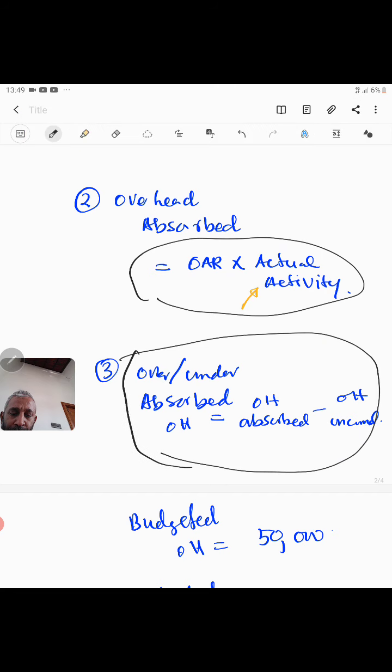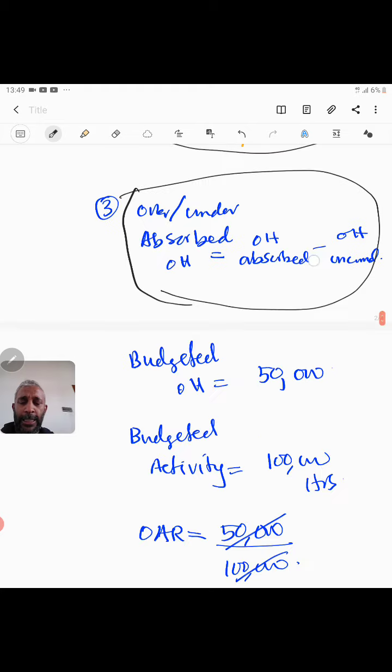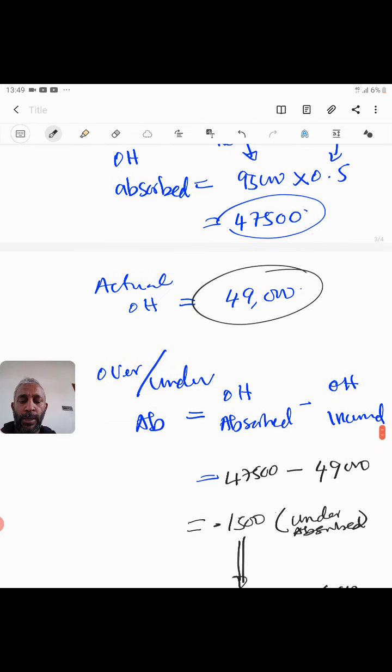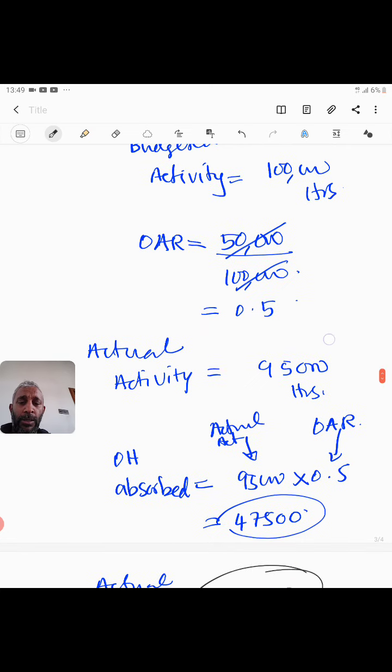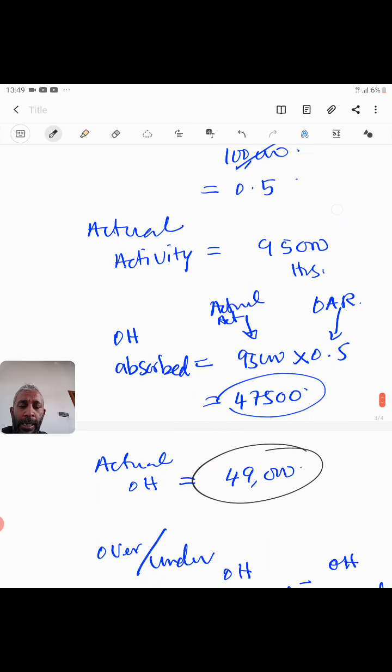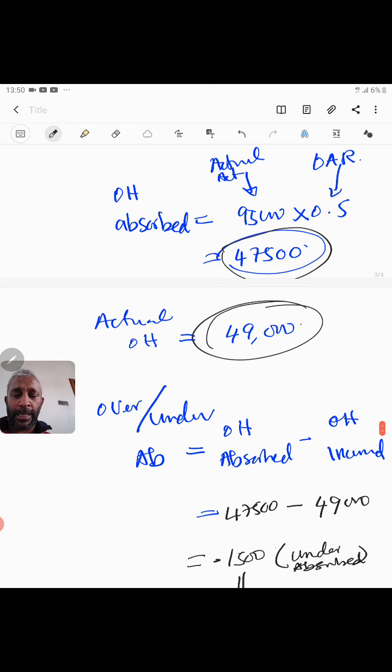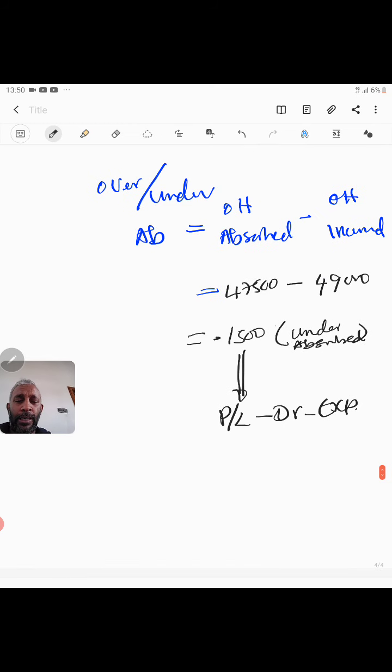So you would calculate these steps and then you arrive, finally, once you're done with the overhead absorbed, at the total overhead absorbed of 47,500, and the information given here that actual overhead is 49,000. Accordingly, we then arrive at over or under absorption, where we have an under absorption of 1,500.